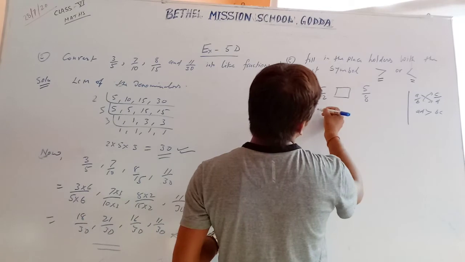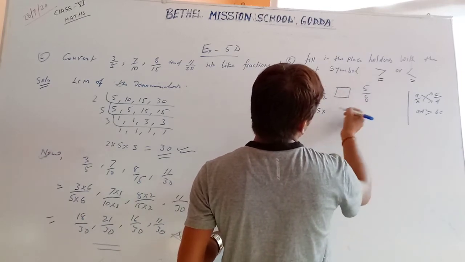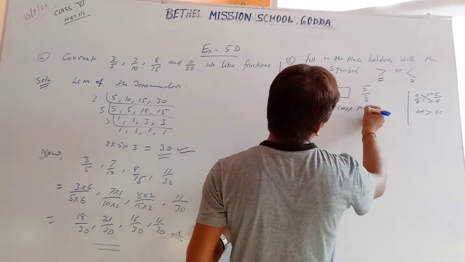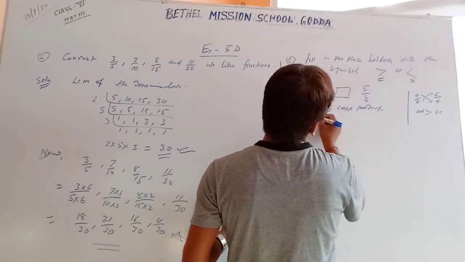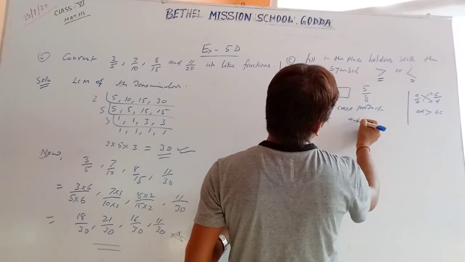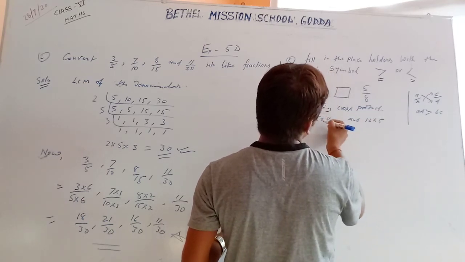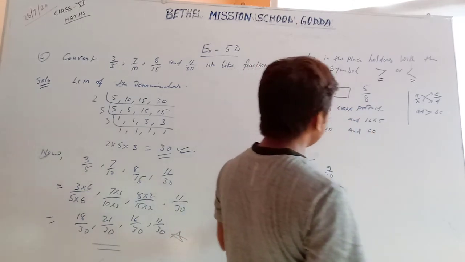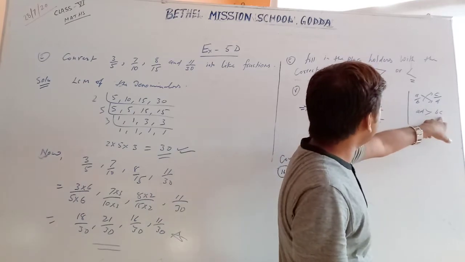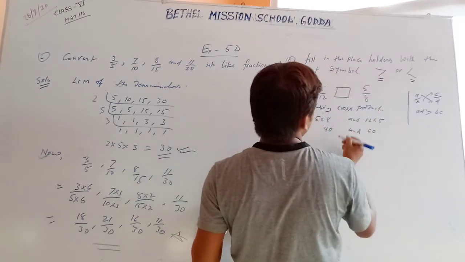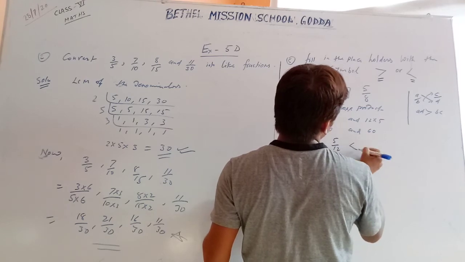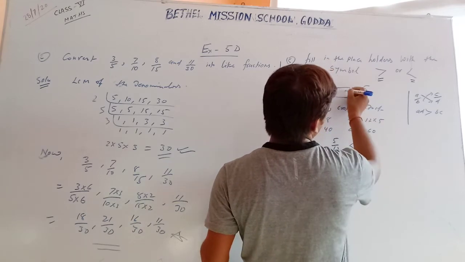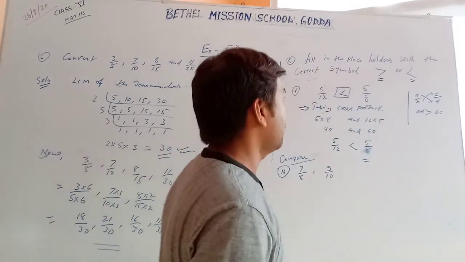So now we take the cross product: 5 multiplied by 8, and 12 multiplied by 5, which is 60. Which one is greater? BC is greater, so 5 upon 12 is less than 5 upon 8. We have to put this type of symbol.